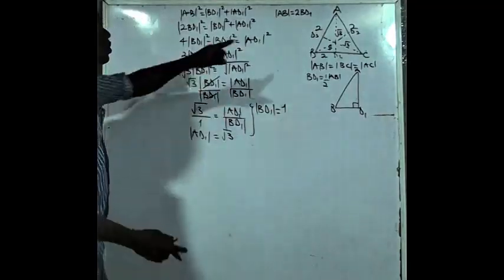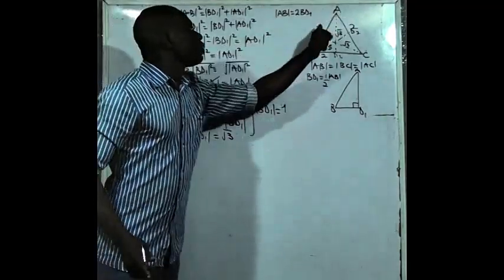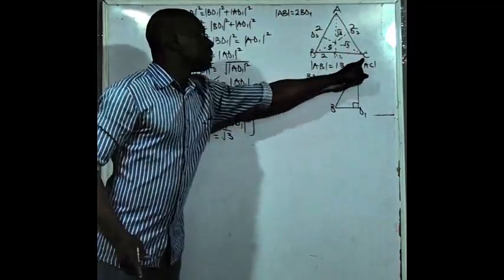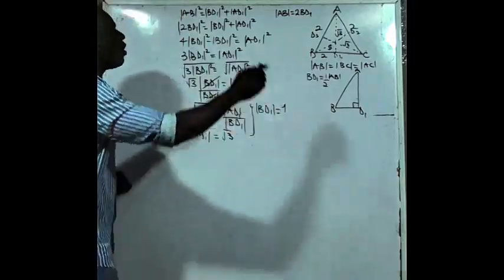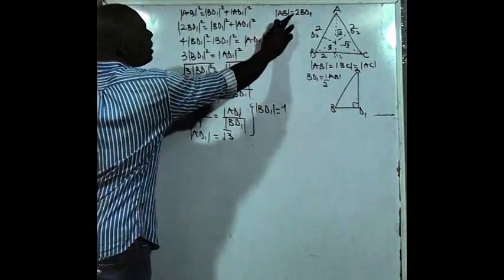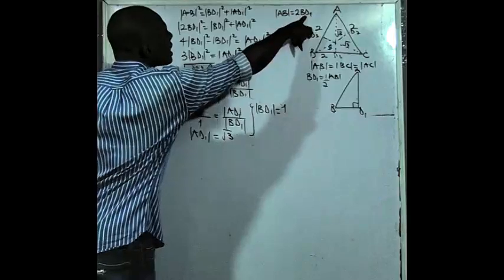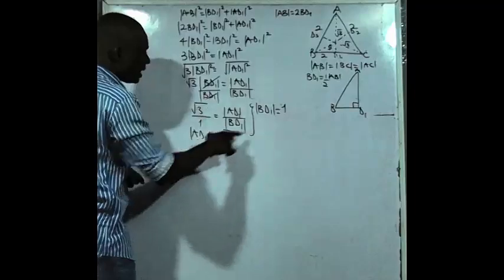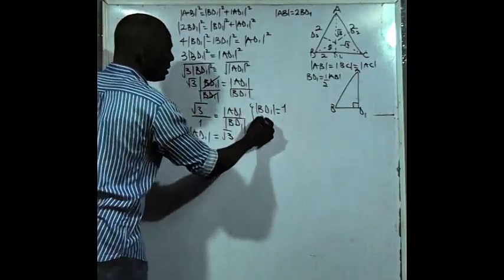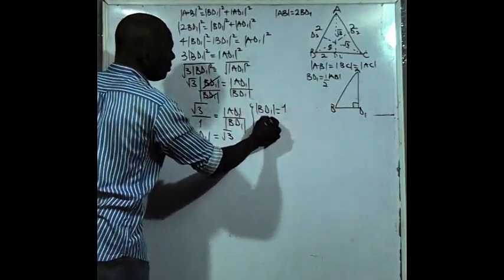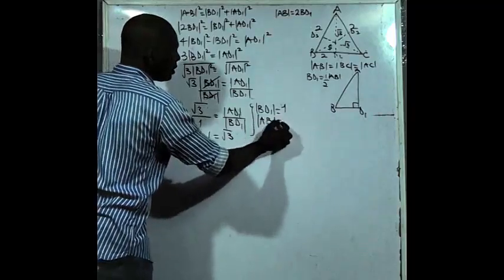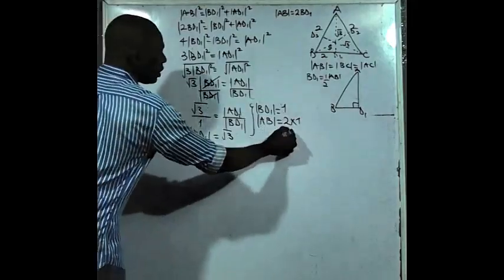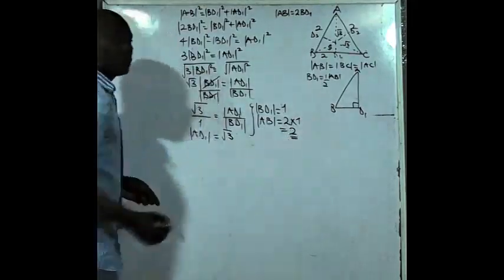But we also want to show that AB is 2 centimeters, BC is 2 centimeters, and AC is 2 centimeters. But we recall, if you go back, we said that the line AB is 2 times the line BD1. So since BD1 is 1, the line AB is 2 multiplied by 1, which also gives 2.